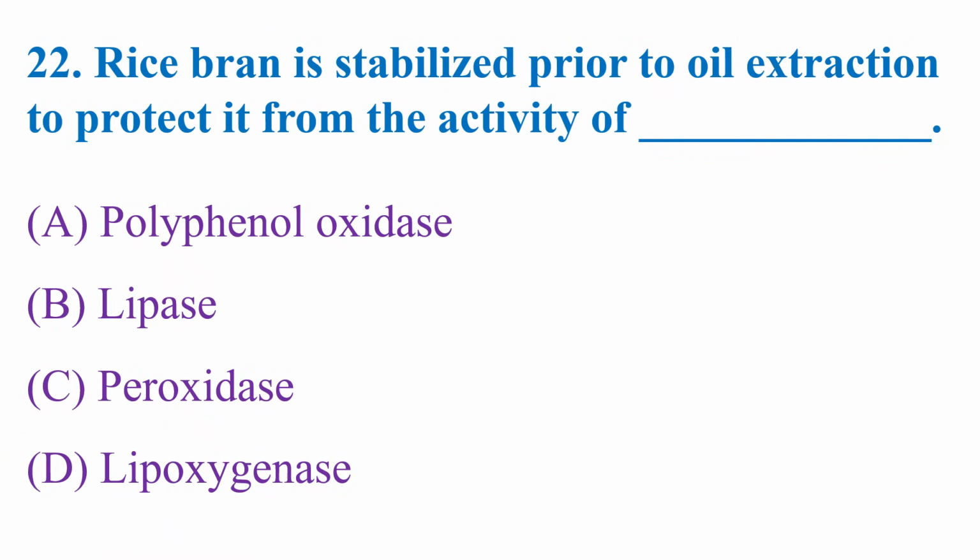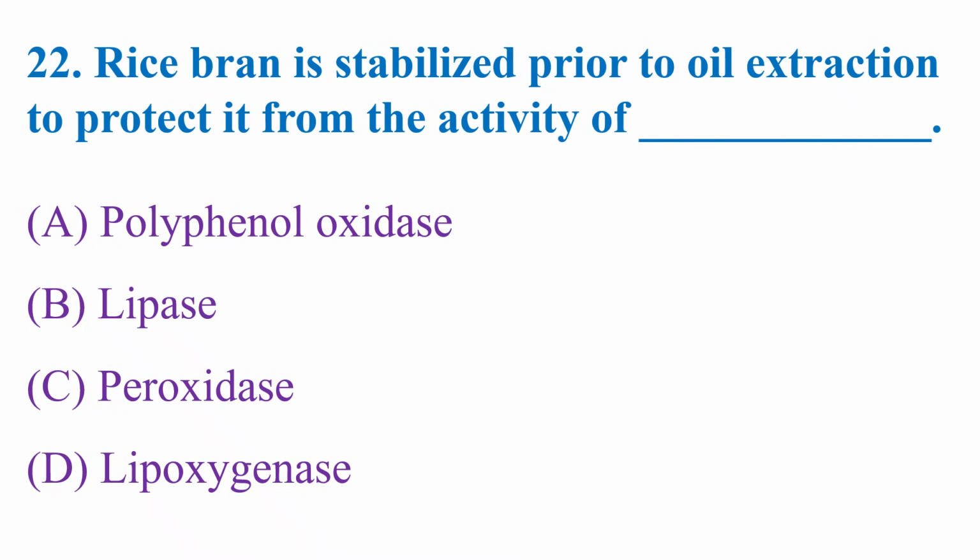Bran is stabilized prior to oil extraction to protect it from the activity of, options are polyphenol oxidase, lipase, peroxidase or lipoxygenase. Now this rice bran contains some natural enzymes which can spoil its quality, and can reduce its oil yield if not deactivated.